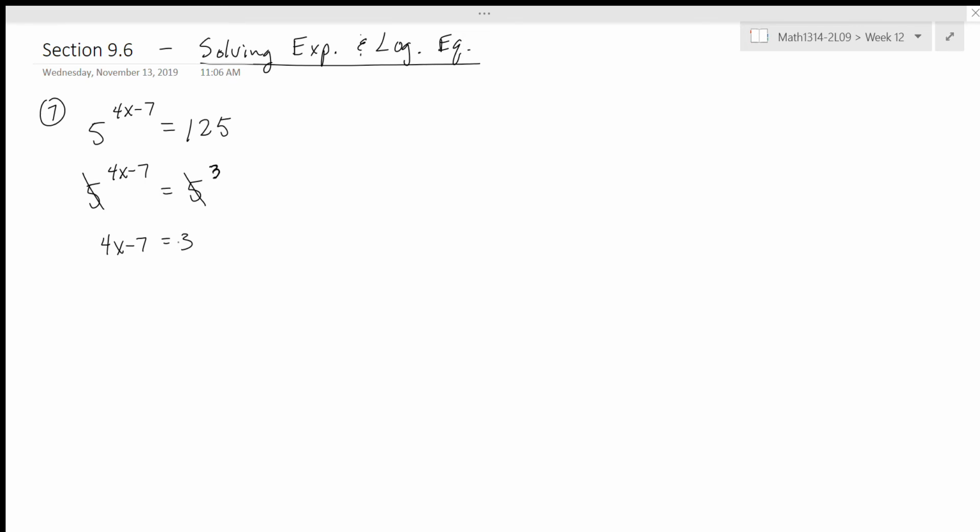Right? Move the 7 over. And divide by 4. Move the 7. Divide by 4. And I would like that as a reduced fraction.